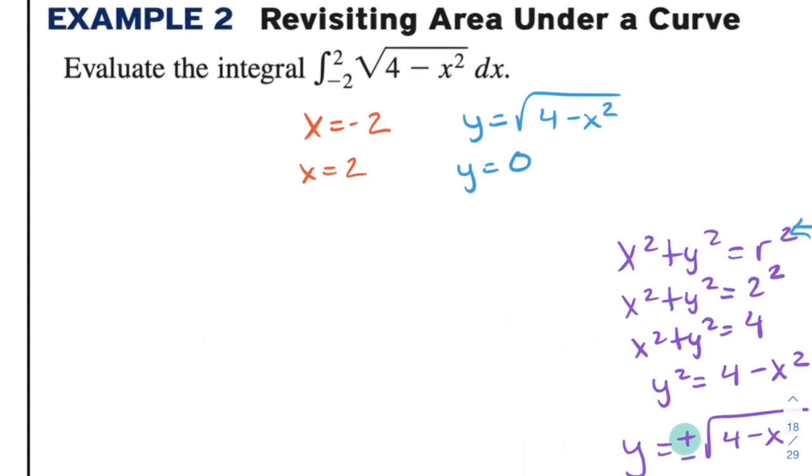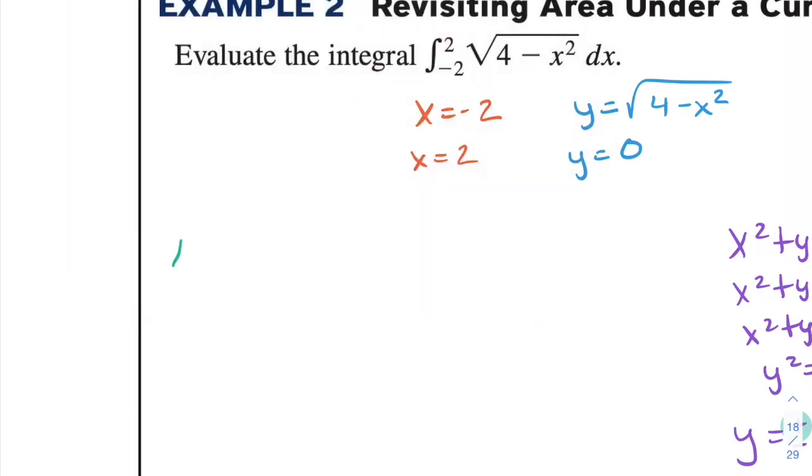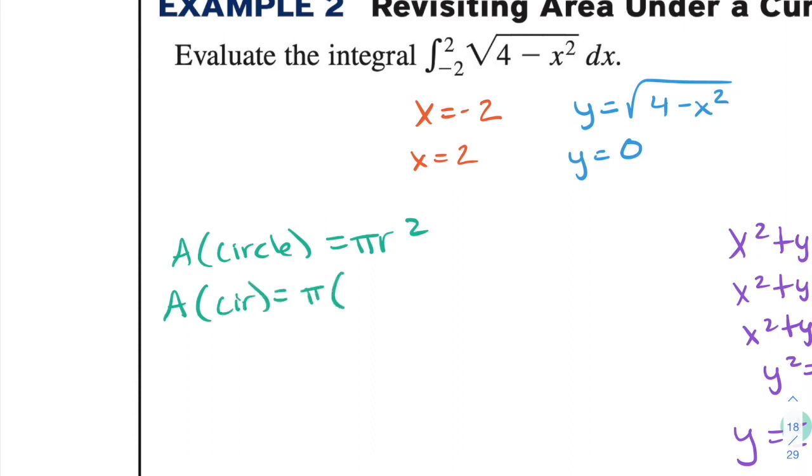So in this case, the area of a circle is pi r squared. So the area of our circle is equal to pi times 2 squared, which is 4 pi.